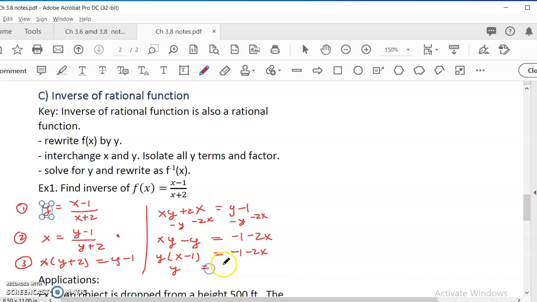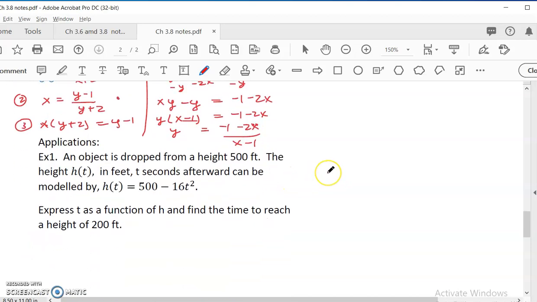Y would equal negative 1 minus 2x over x minus 1 after you divide it. So the key thing is you factor the y out so you can divide it. So that's how you find the inverse of a rational function.